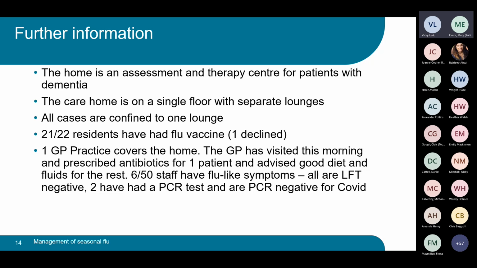The GP visited this morning, prescribed antibiotics for one patient, advised good diet, fluid and rest for the other residents. 6 out of the 50 staff now have flu-like symptoms, all LFT negative. 2 have had PCRs and are negative for COVID.